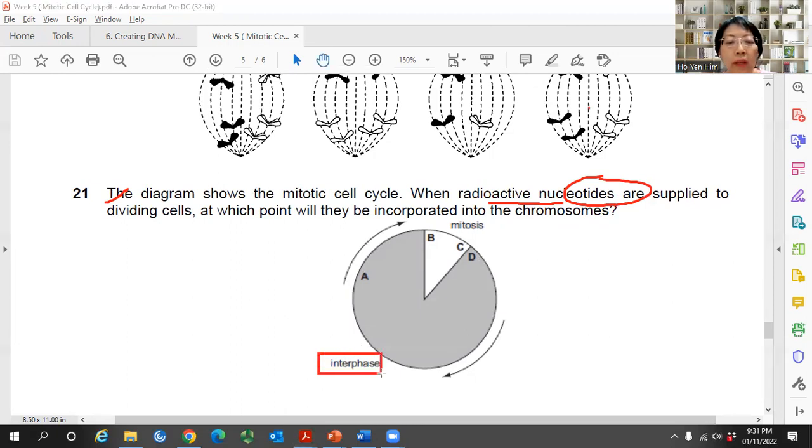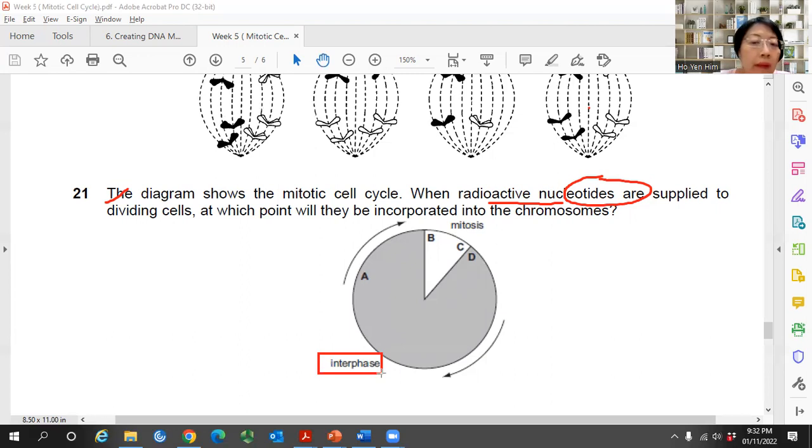So tell me, when is it that the DNA will replicate? That is when nucleotides will be added onto the template, both templates of the DNA, to make the new polynucleotide strand, right? That's when the nucleotides will be assembled together to form the polynucleotide strand by semi-conservative replication. So which stage is it?